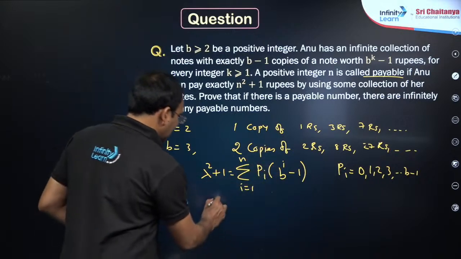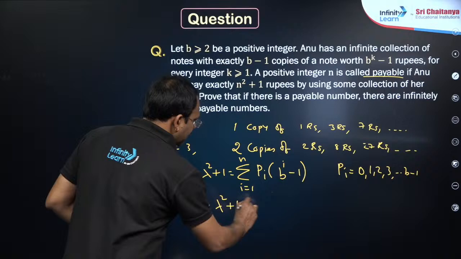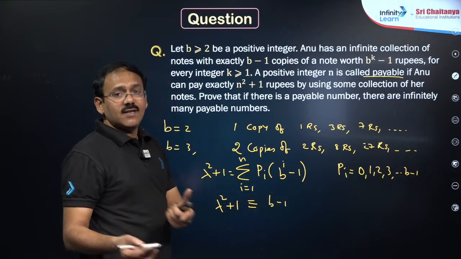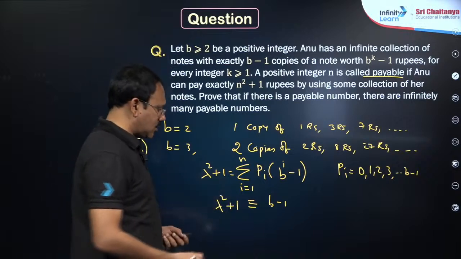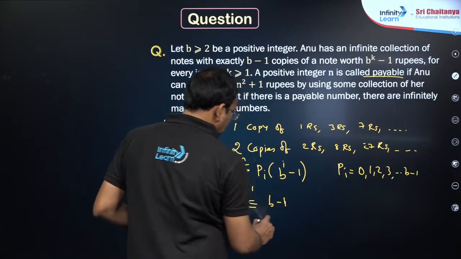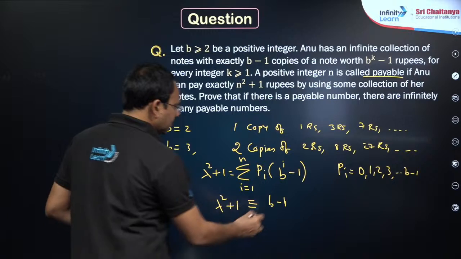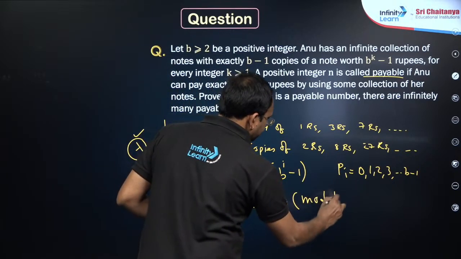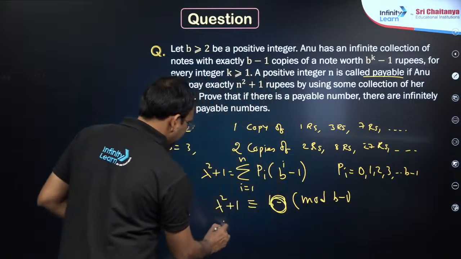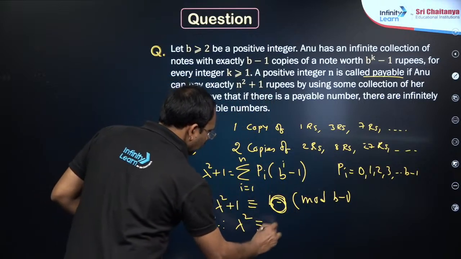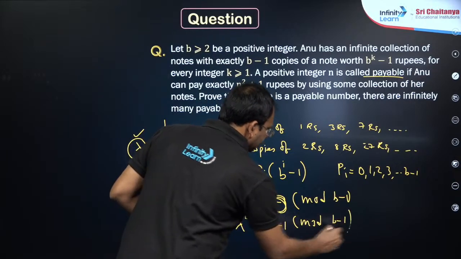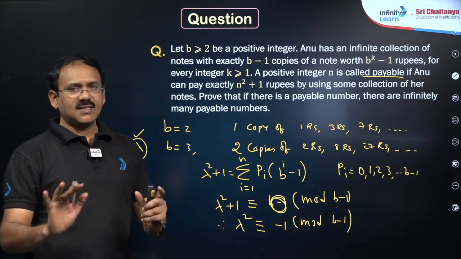Am I correct, friends? Because x power n minus 1 is always divisible by x minus 1 if n is a natural number, lambda square plus 1 is congruent to 0 mod b minus 1. That means, my dear friends, lambda square is congruent to minus 1 mod b minus 1. Am I correct? Say this is step 1.